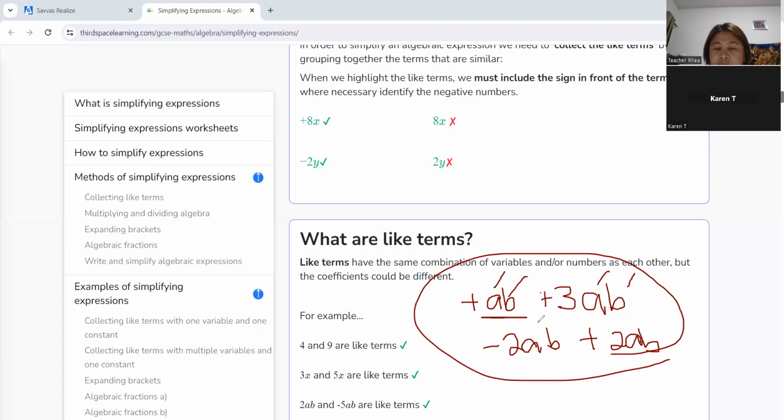The variables are the same, the exponents are the same, but the coefficients are not the same. And also the positive and negative signs are included.